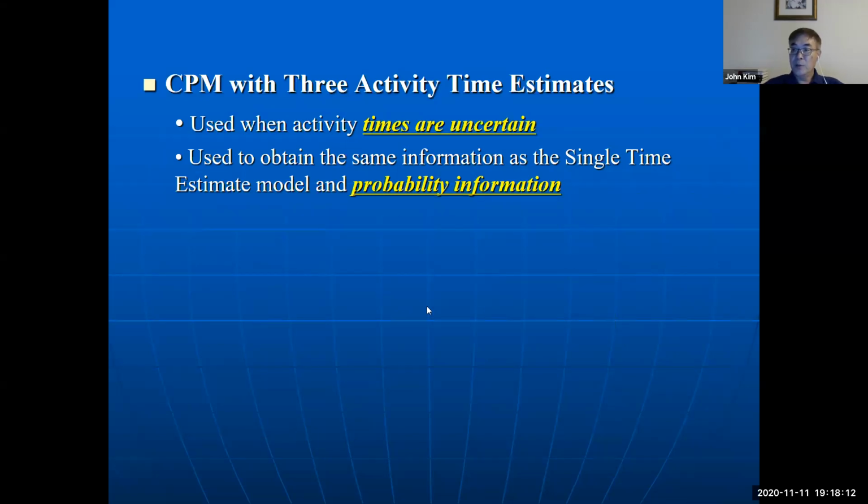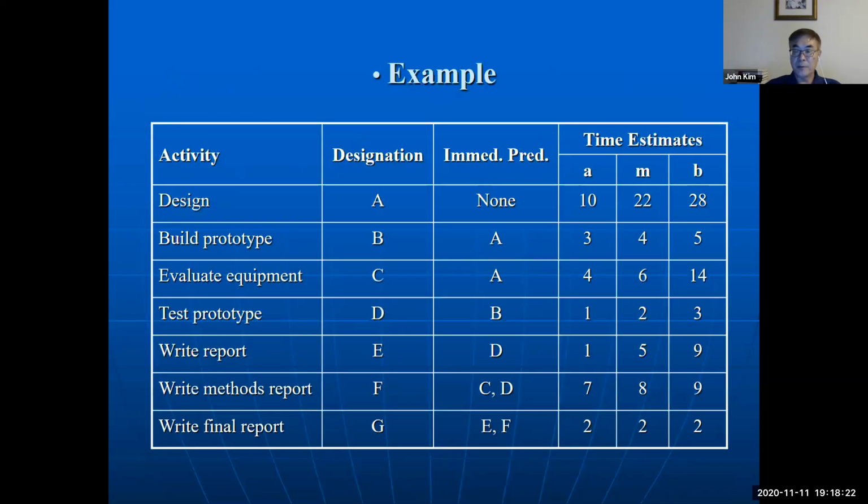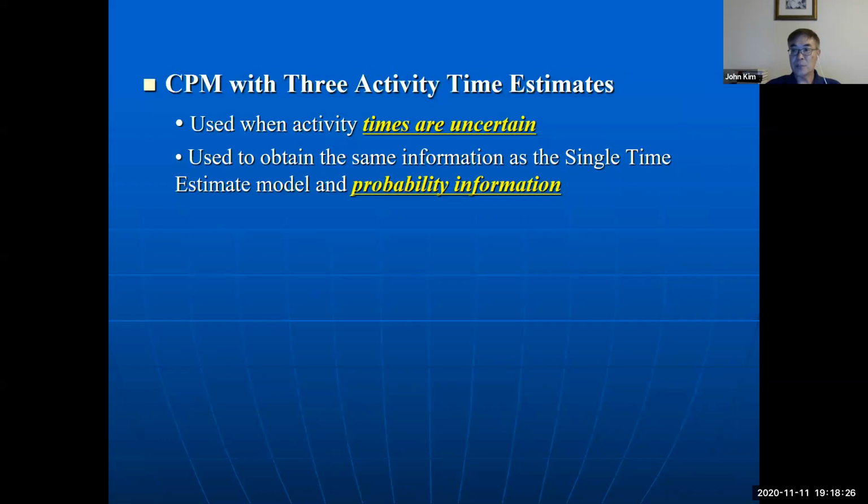And then we don't know, because times are uncertain, so we don't know the exact project time. So using this 3 activity time estimate, we can get probability information about that project.